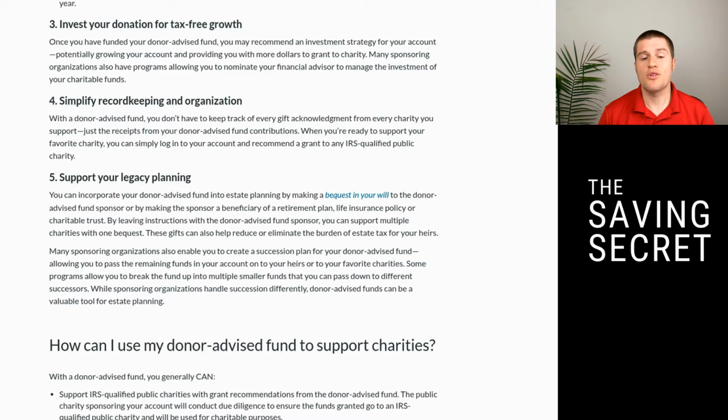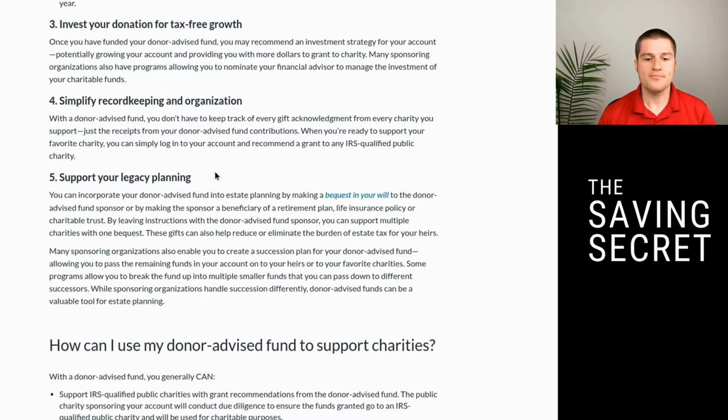It's already captured on the front side. So you'll get one easy to read report from Fidelity about the money you've donated into your account. And then of course you can monitor what you've donated outbound from your donor advised account to the charities that you want. So super nice.